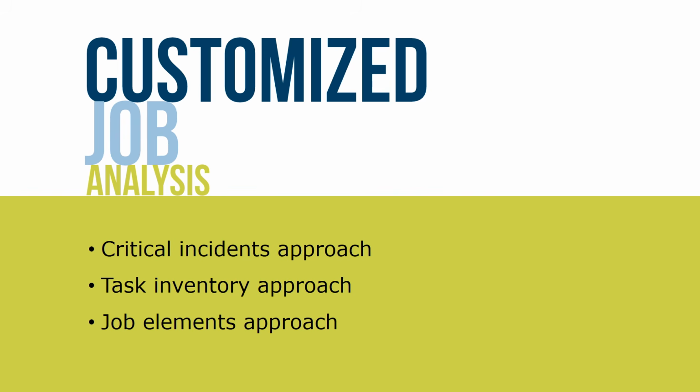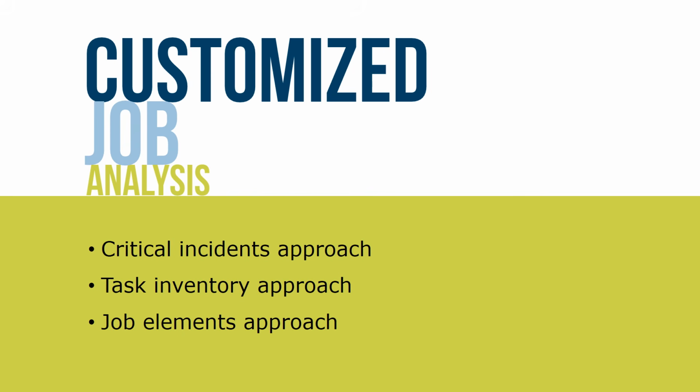Sometimes managers need to conduct a more customized analysis of jobs in their company. Three primary approaches for customized job analysis are the critical incidence approach, the task inventory approach, and the job elements approach. The critical incidence approach focuses on obtaining specific, behaviorally focused descriptions of work activities that distinguished exceptionally good performance in a particular job from exceptionally poor performance.